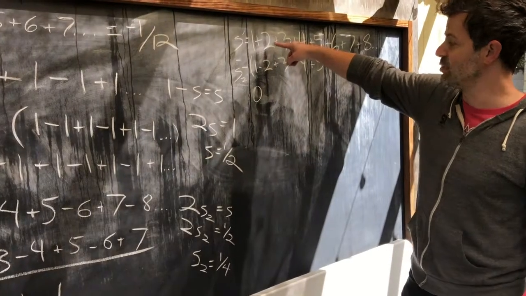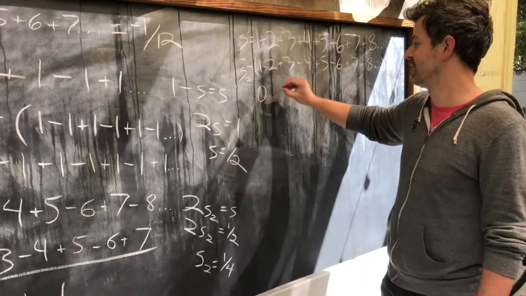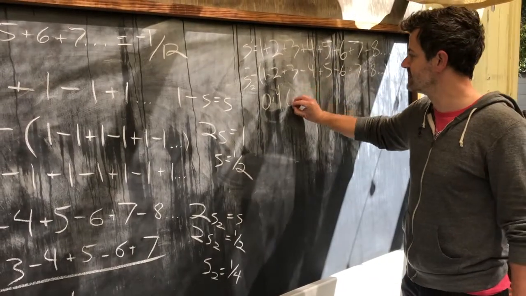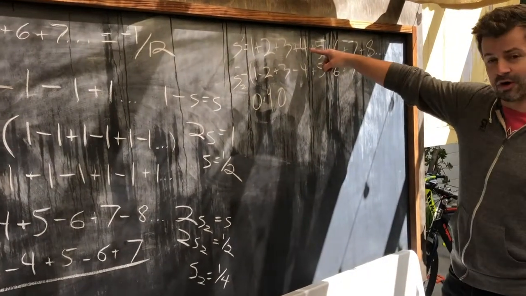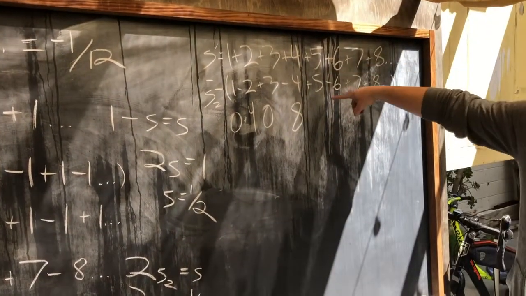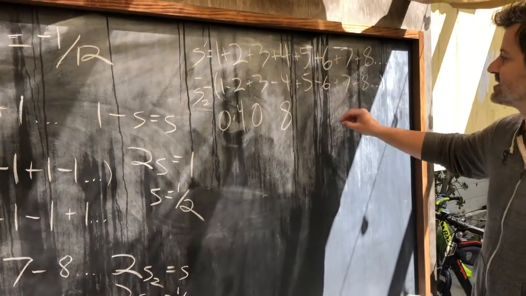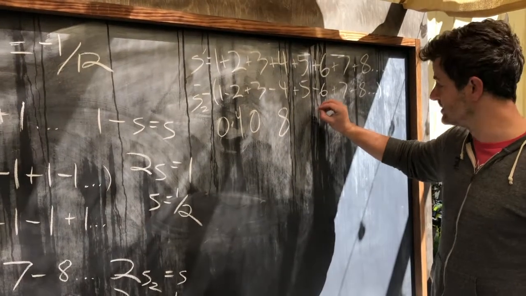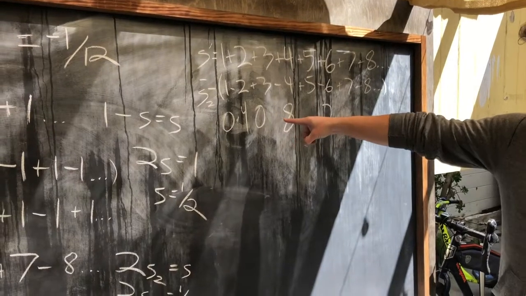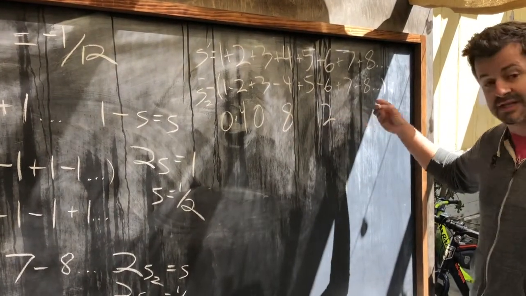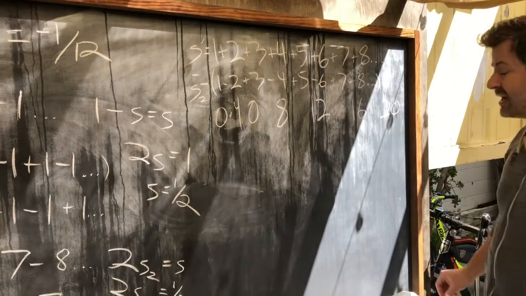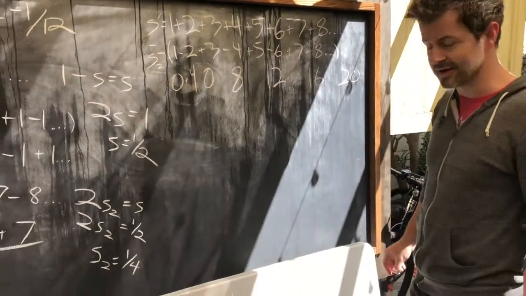Now, we have 2 minus a negative 2 is 4. 3 minus 3 is 0. 4 minus negative 4 is 8. 5 minus 5, 0. 6 minus negative 6 is 12. So what this winds up being is 4 plus 8 plus 12 plus 16 plus 20 plus 24, etc., right?